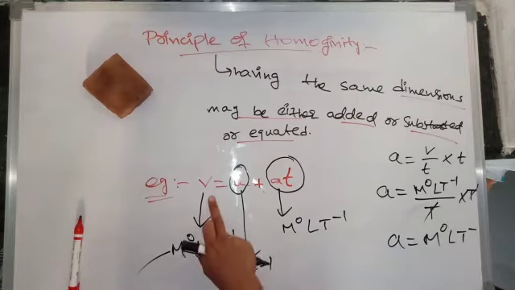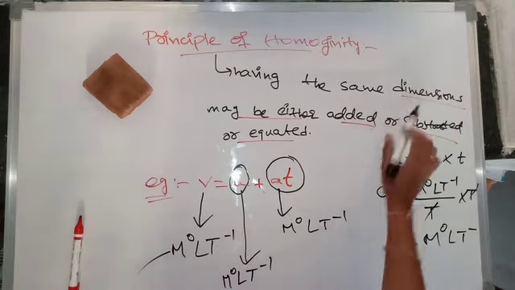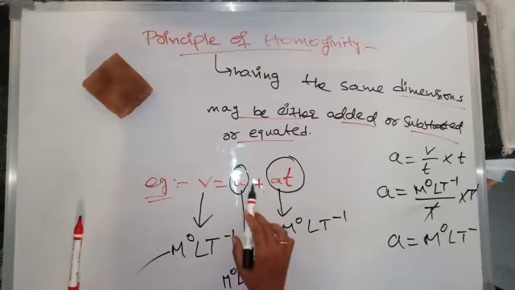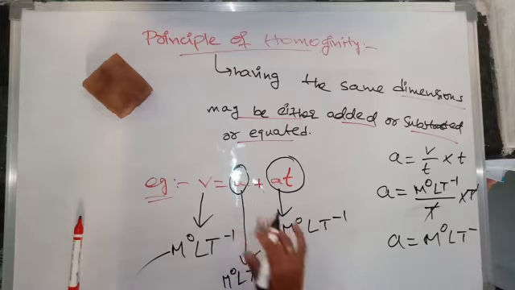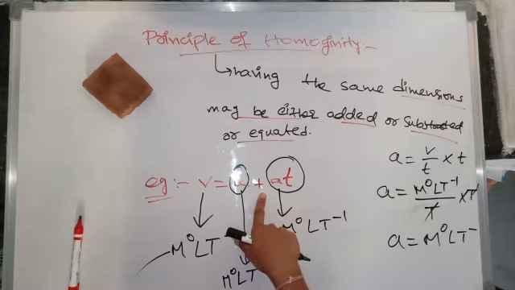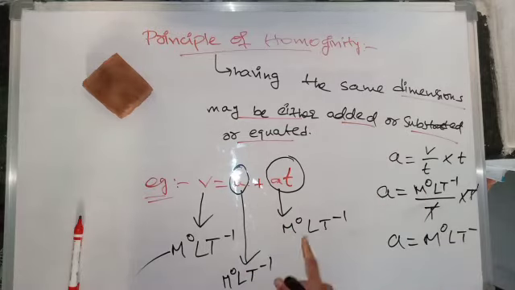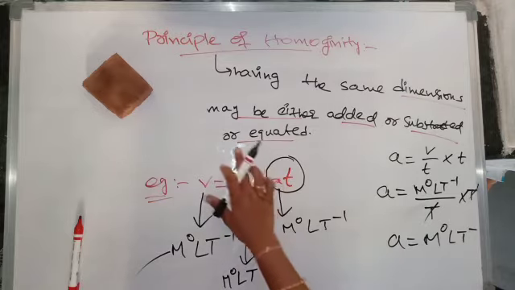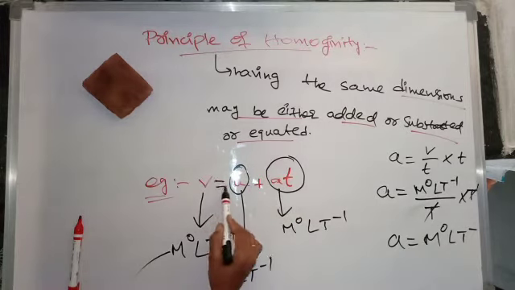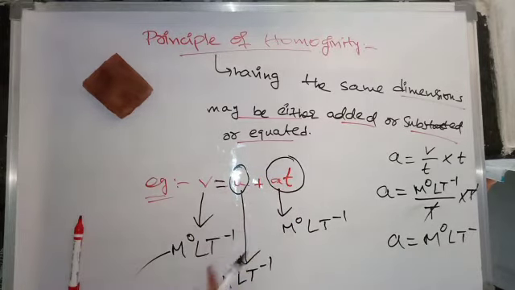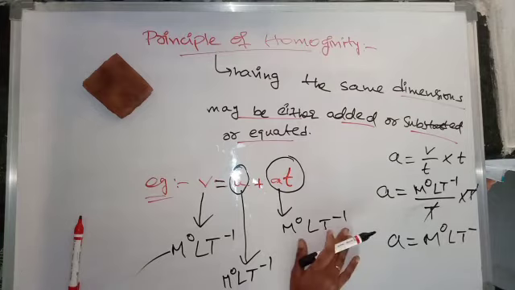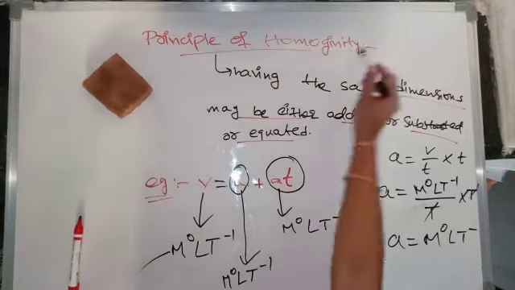So physical quantities which have the same dimensions may be added, that is u plus at. u and at have the same dimensions, so they can be added or also subtracted. If the equation contains minus, you can subtract them, and they can also be equated. v, u and at have the same dimensional formulas, so they can be added, subtracted or equated. This is the principle of homogeneity.